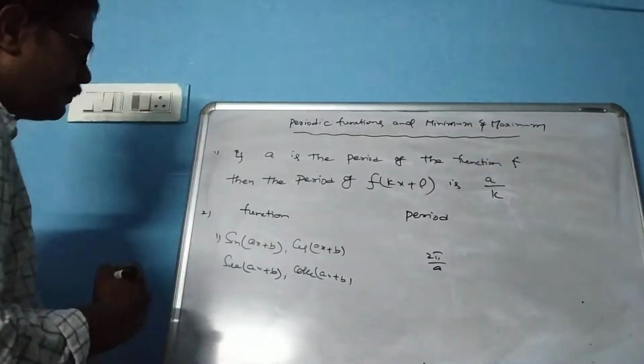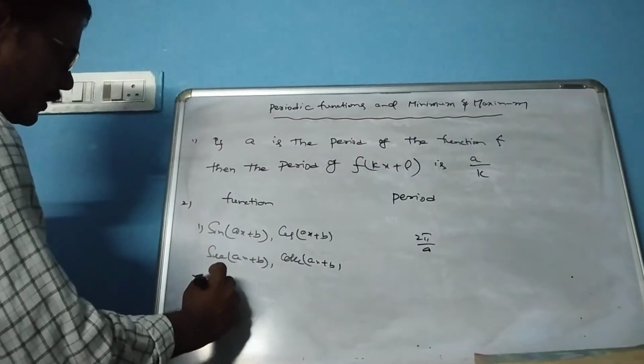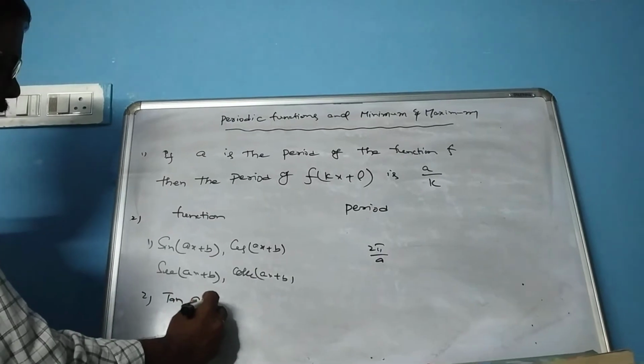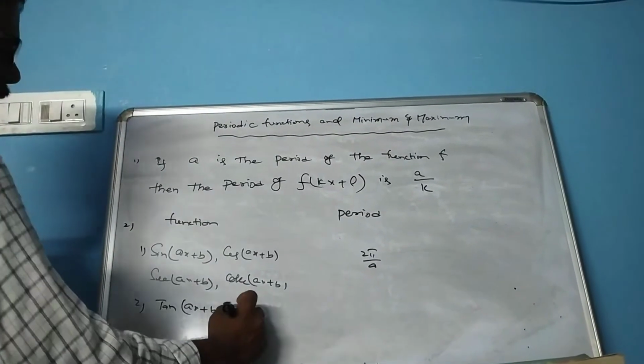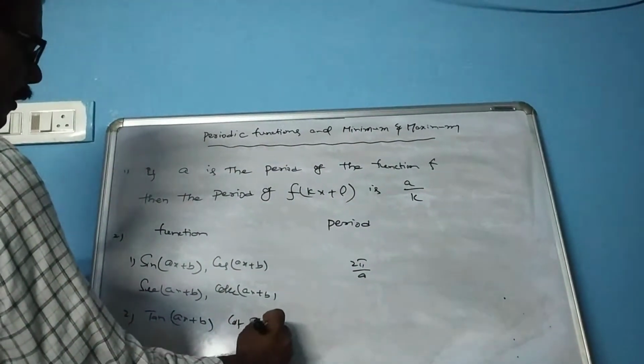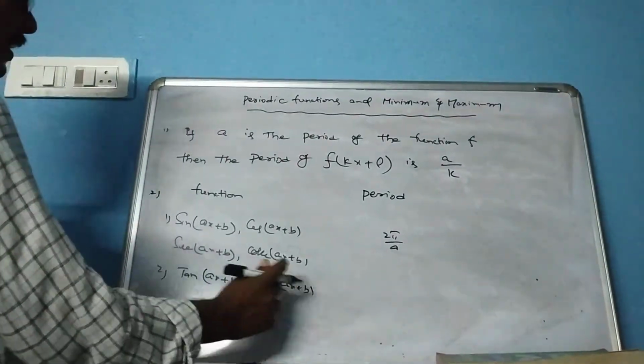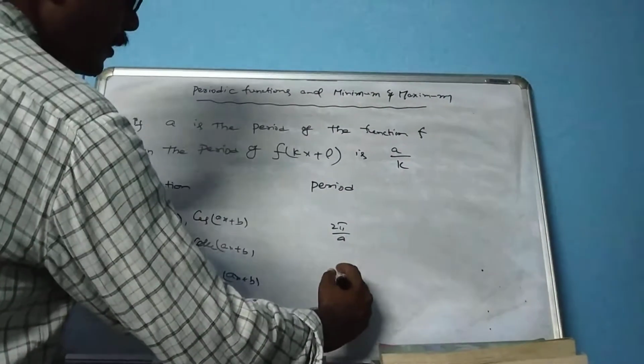For tan ax plus b and cot ax plus b, the period is pi by a.